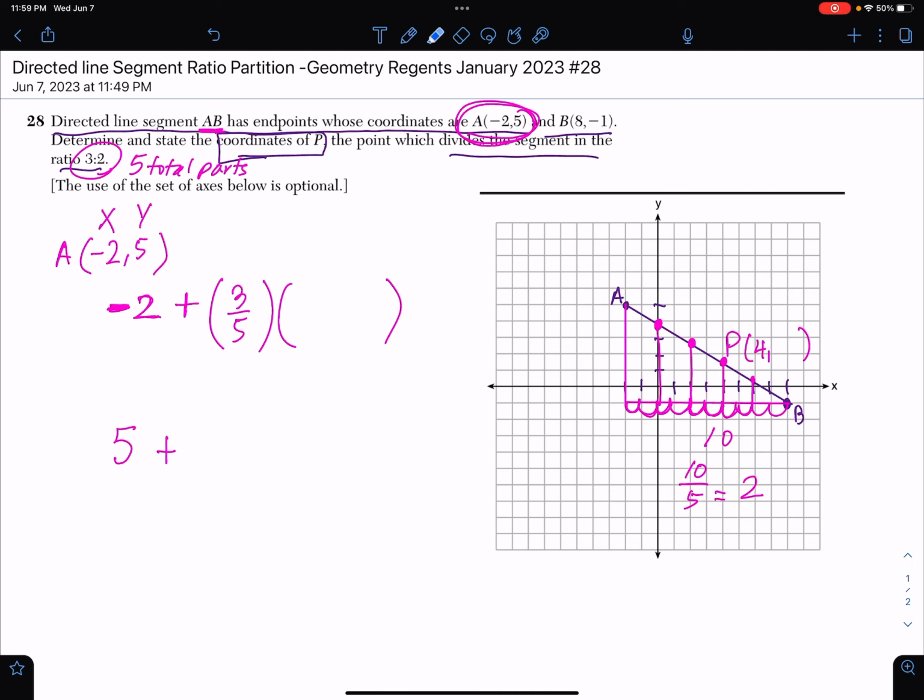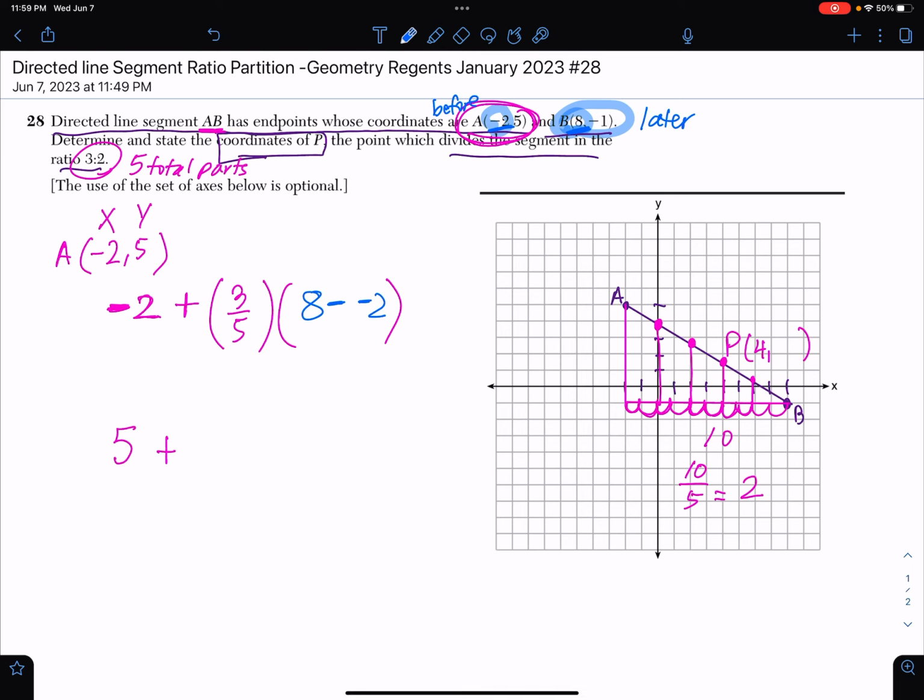Which x's are we dealing with? Right now we're dealing with the x's here, so I'm going to plug in 8 minus negative 2. Whenever you're finding the distance of something, you usually do the later minus what came before.